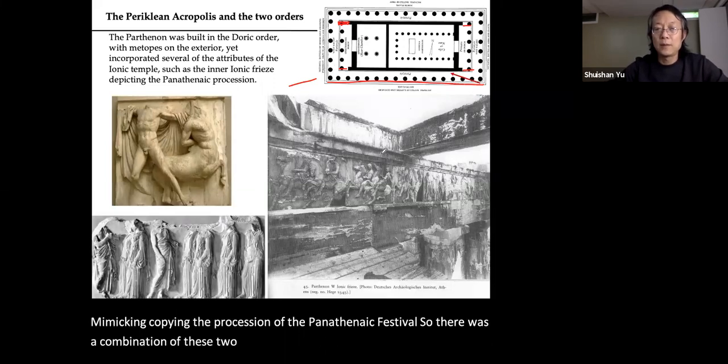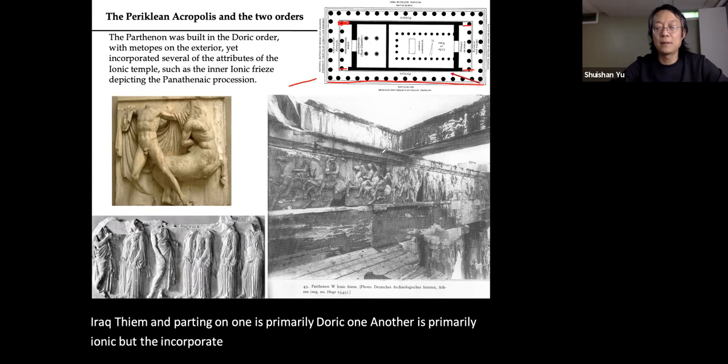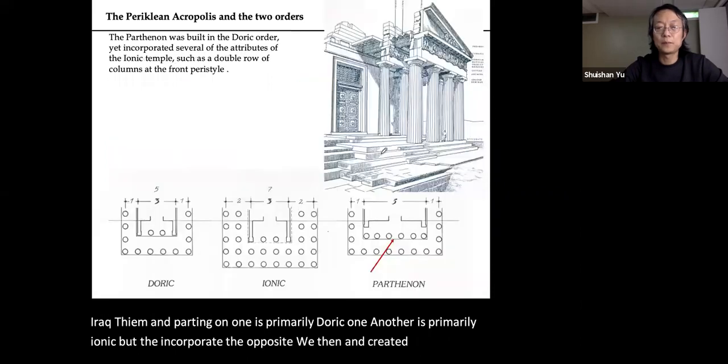The Erechtheum and the Parthenon, one is primarily Doric, another is primarily Ionic, but they incorporate the opposite within and create a blending.